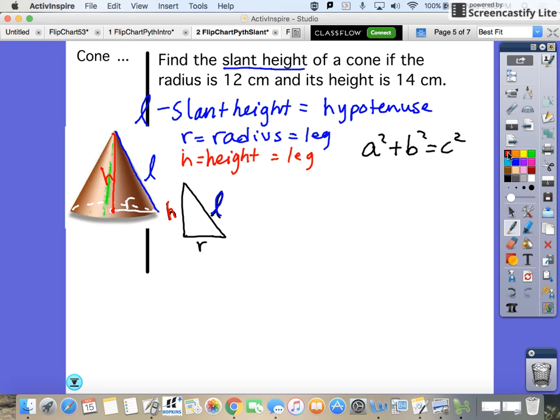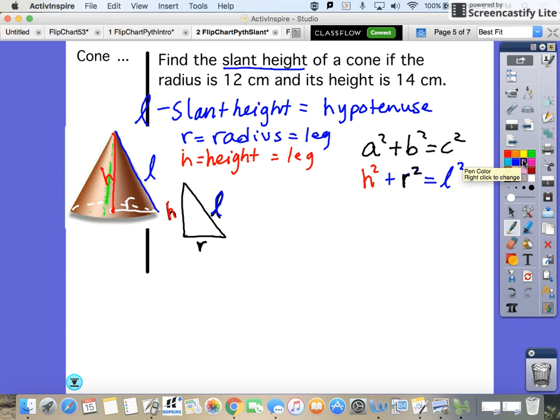So it's the equivalent of saying H squared plus R squared equals slant height squared, or L squared. Keep the color coding. I used a black R right here. So H squared plus R squared equals L squared.